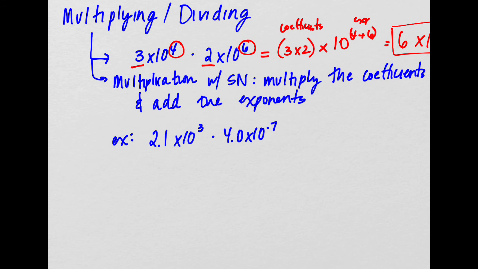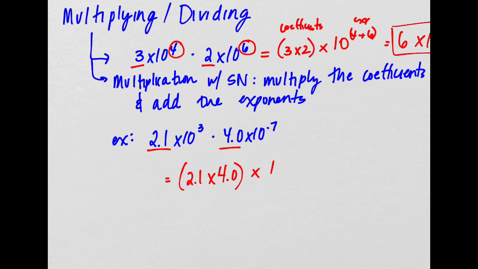So here's our example. 2.1 times 10 to the 3rd times 4.0 times 10 to the negative 7. First of all, we see that we have 2 sets of numbers written in scientific notation, and we're multiplying. So immediately I know that I'm going to multiply my coefficients, 2.1 times 4.0.